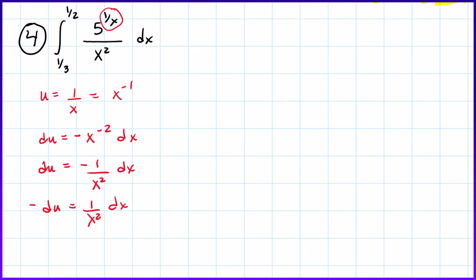So let's do the substitutions. We get 5 to the u, and we're going to replace the 1 over x squared dx with a negative du, which I put in parentheses because we're multiplying. So I'm going to put the negative out in front, 5 to the u du.